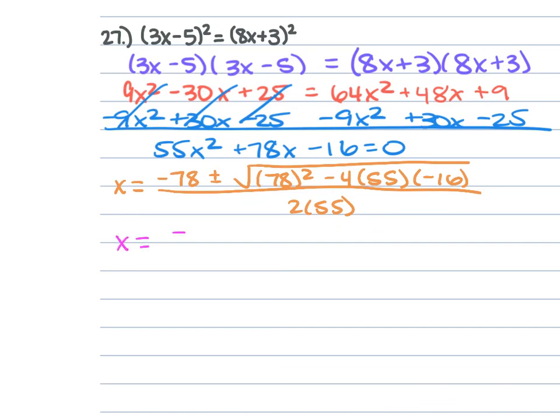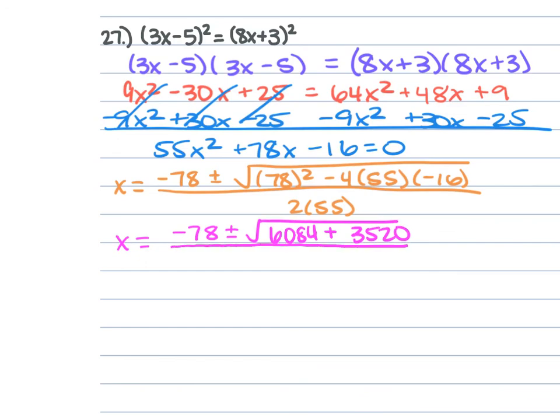So x is equal to negative 78 plus or minus the square root of 78 squared is 6,084 minus the 4 times 55 is negative 220 times negative 16 gives us a positive 3,520 all over 2 times 55, which is 110.